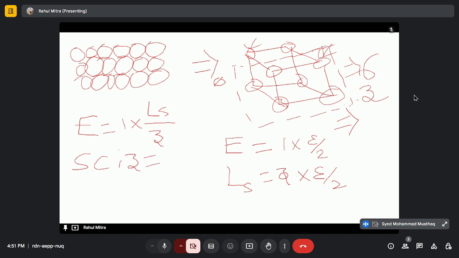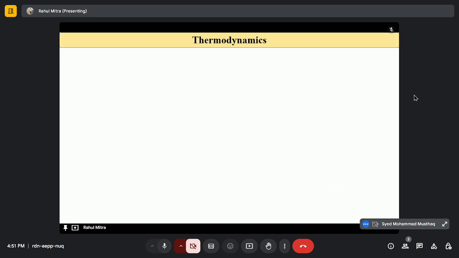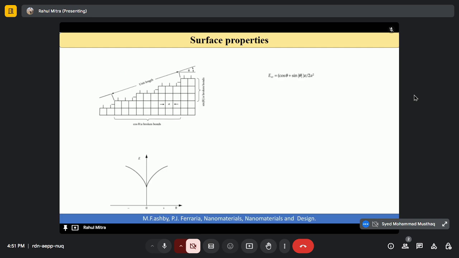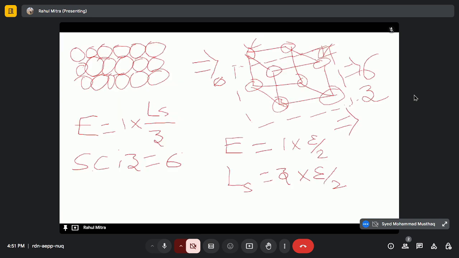And for simple cubic, the coordination number is 6. So the excess energy, or the surface energy of 1, 0, 0, will be Ls divided by 6.